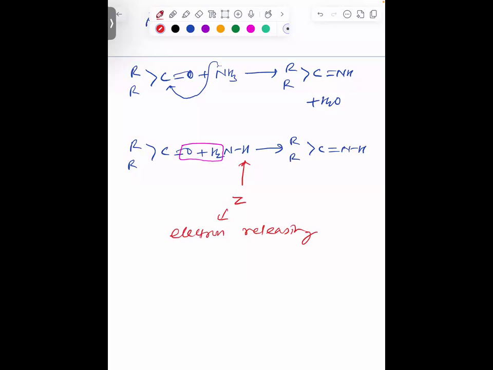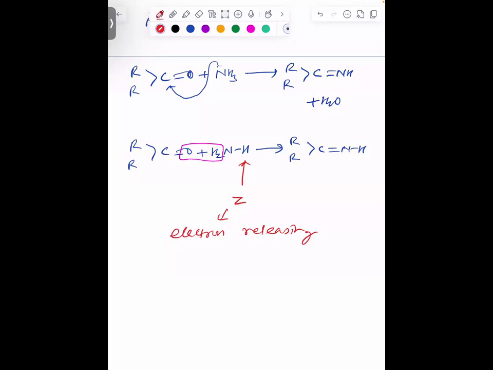It can easily increase the nucleophilicity around the nitrogen. Because students, we have studied the alpha effect under the concept of nucleophilicity.